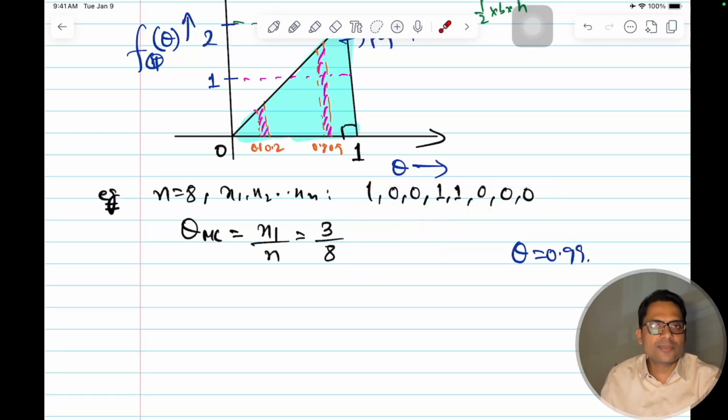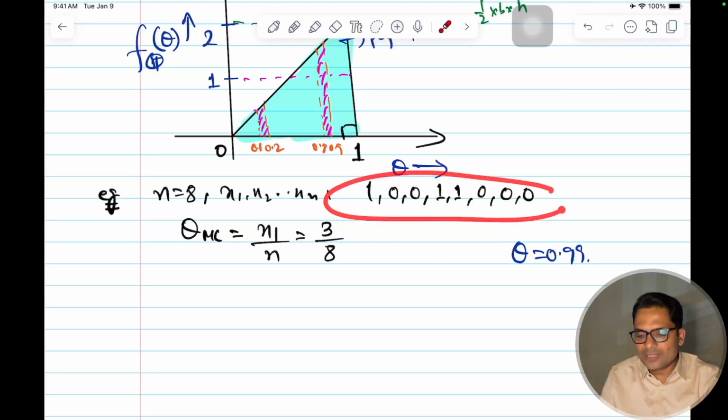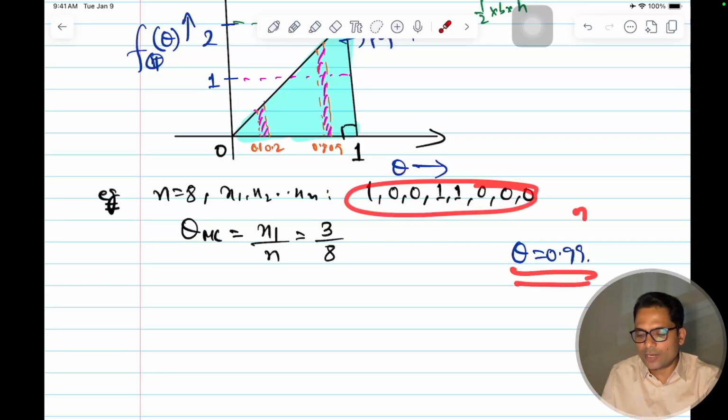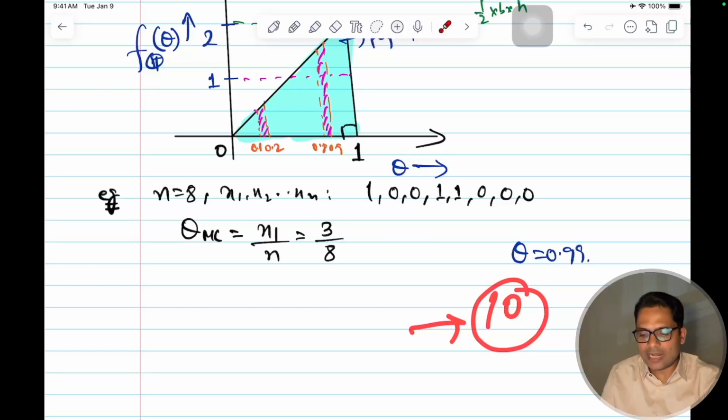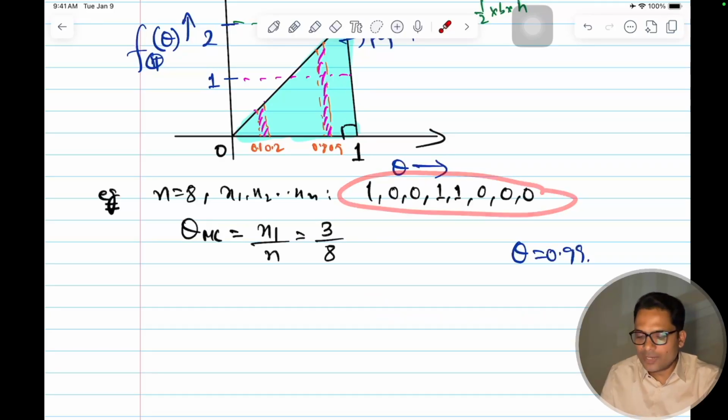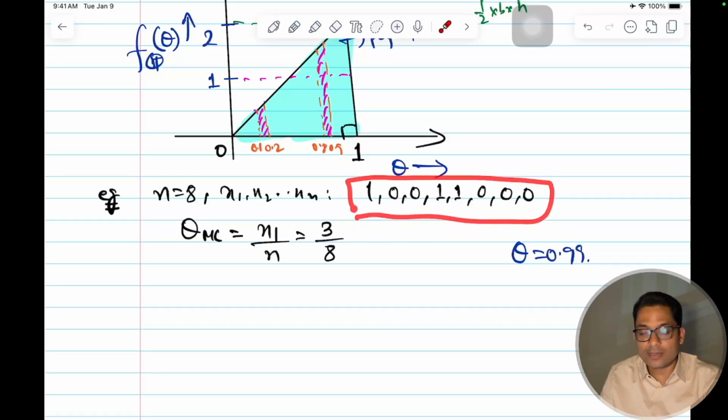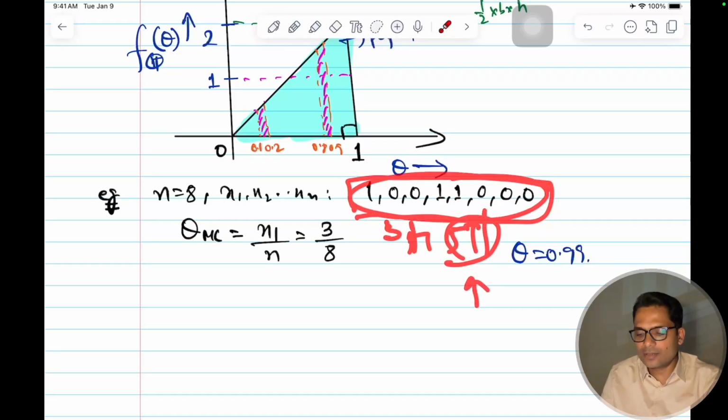If I see 1000 tosses, 990 would be heads and 10 would be tails. But somewhere in the middle, I might see 3 heads and 5 tails in 8 tosses.